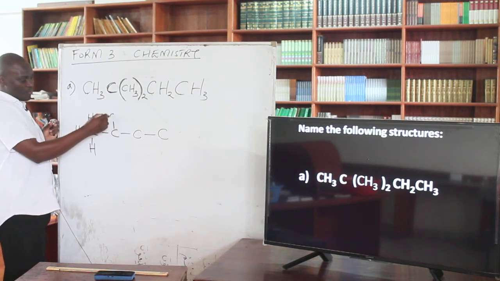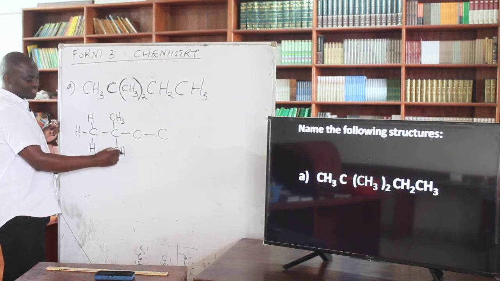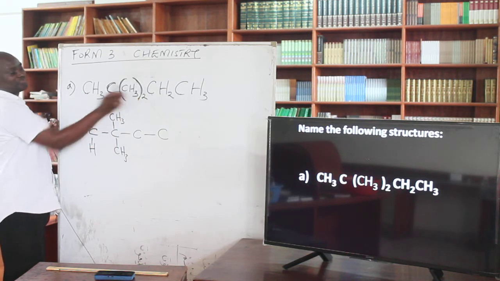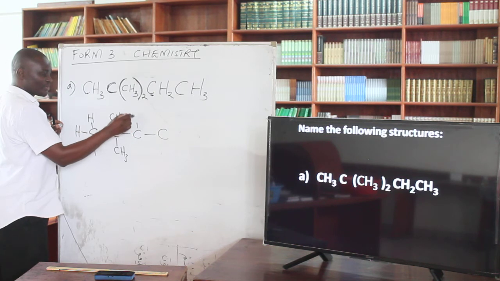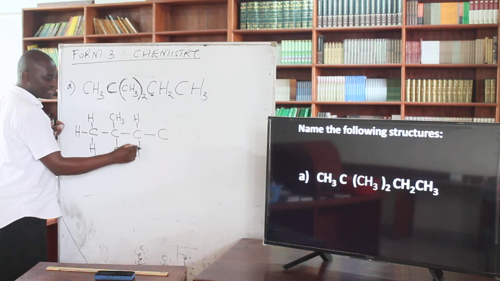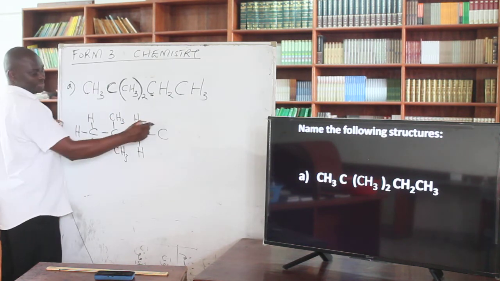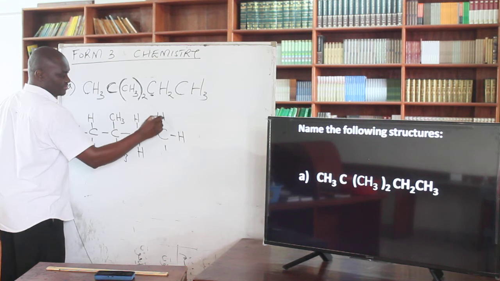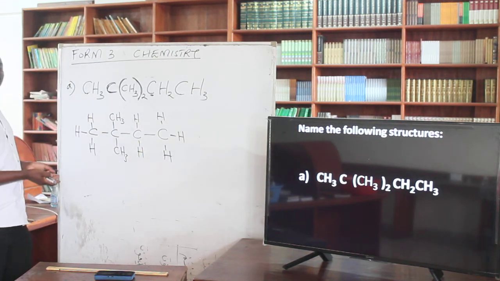So we have one CH3 and another CH3, and we have accounted for the 2. Then this carbon has 2 hydrogens, one here and one there. And then the last carbon has 3. That is the structure.